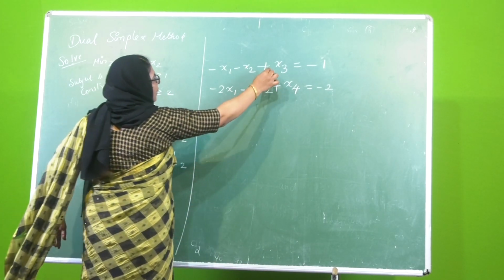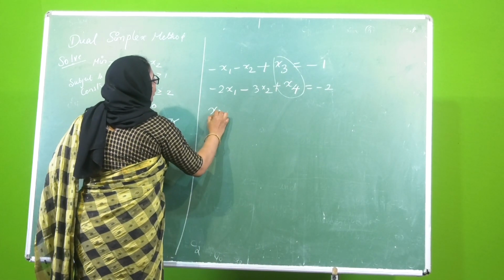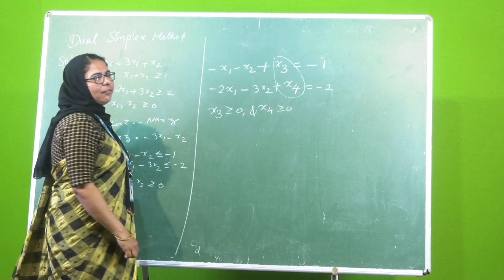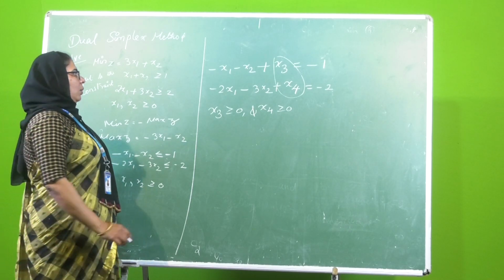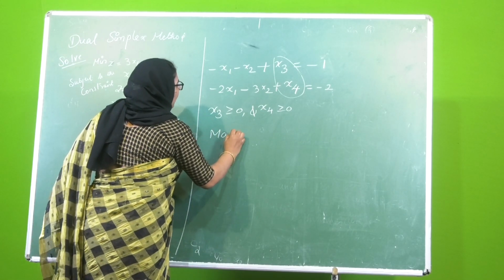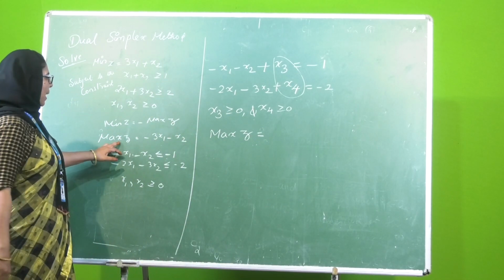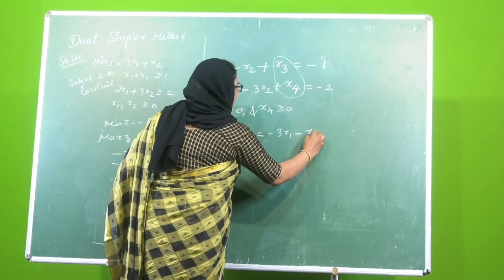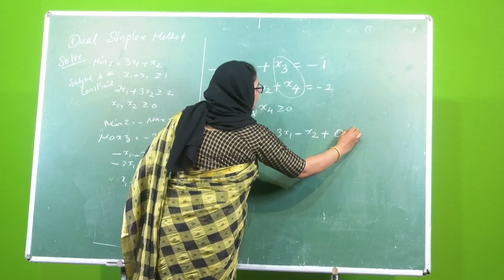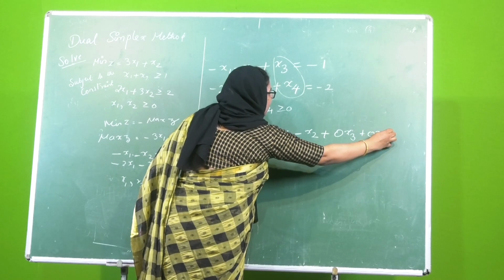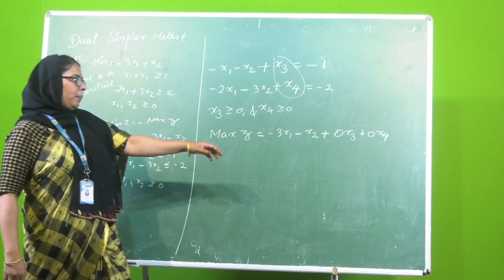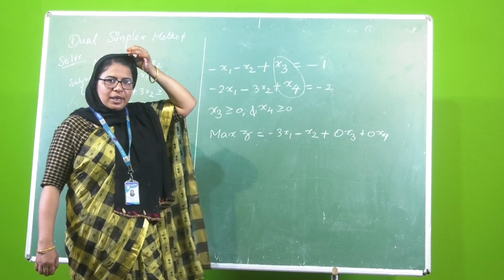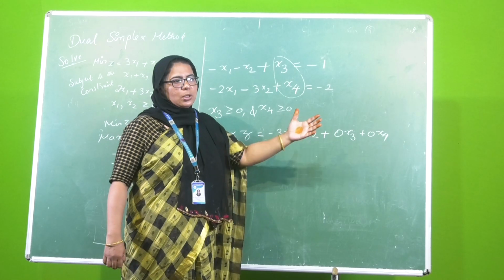So what are the slack variables? x3 and x4, with x3 greater than or equal to 0 and x4 greater than or equal to 0. The slack variable is a dummy variable. So the maximize z is changed: maximize z is equal to minus 3x1 minus x2 plus 0x3 plus 0x4. What does it mean? The 0 means dummy, so x3 and x4 are slack variables, dummy variables.